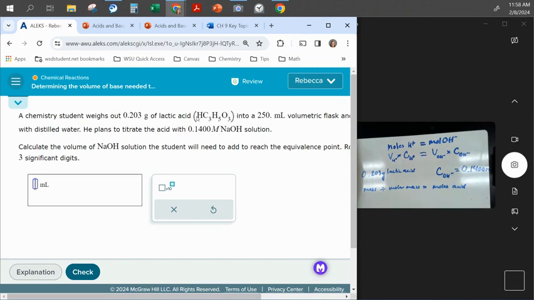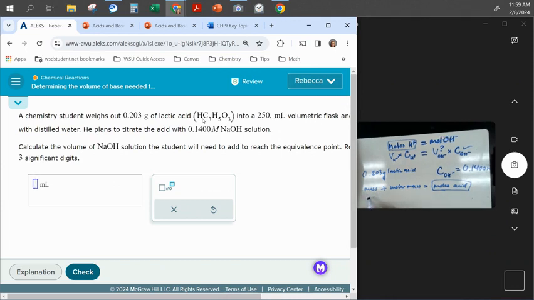So look at, can you see how this one, we have a hydrogen at the beginning? This will be a 1-to-1. For every one acid, we get 1 hydrogen. So this one, we don't have to worry about that. All right, so that will give us the moles of acid. So that's like this value. We have the concentration. So then this is what we're looking for, the volume of hydroxide that we need to add. So it'll be like an algebra problem.